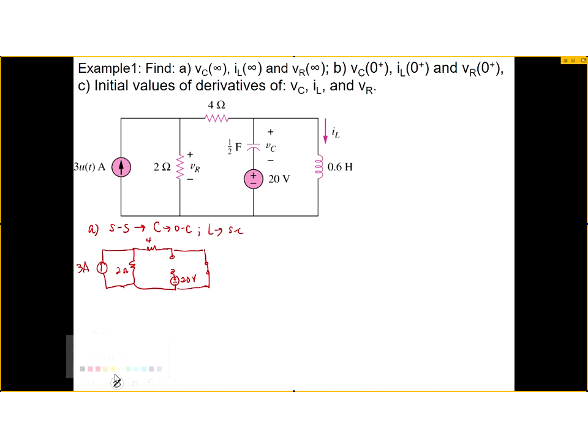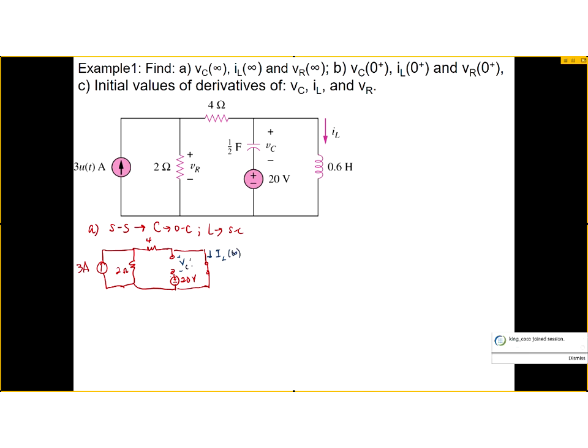And what are the three things that we're looking for in this diagram? The current through the inductor, that's what we're calling I_L infinity, and the voltage across the capacitor, V_C infinity. Let's just use the nomenclature that they're using.